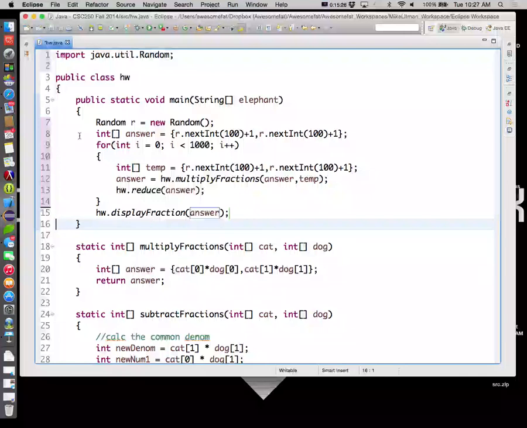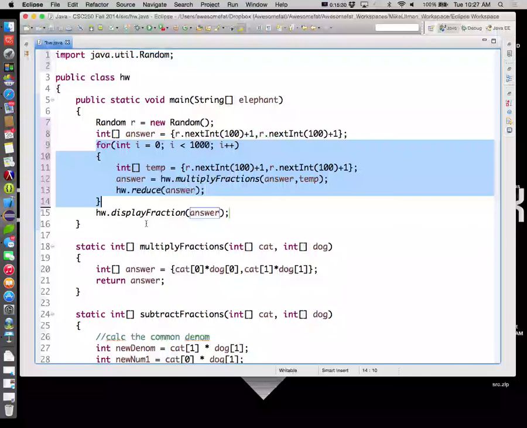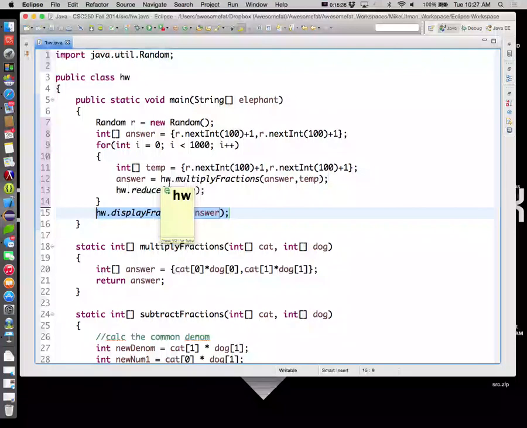Okay, so after we multiply the fraction by a random fraction 1,000 times, we'll display it once. So I'm only outputting once. And remember, I think we've shown another time that when you display often, it slows things down, right? So in this case, I'm only displaying one time. So that's not going to be our slowdown. So let's run this and see how long it takes. Is it cooking? So I think mine didn't go.